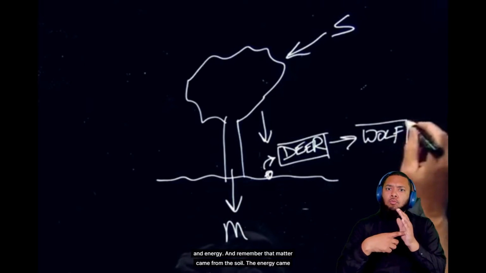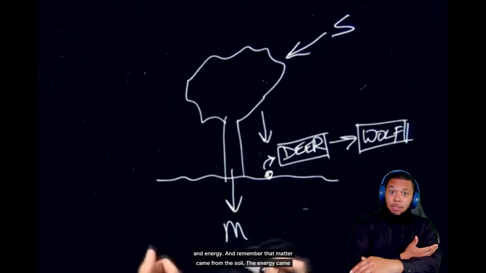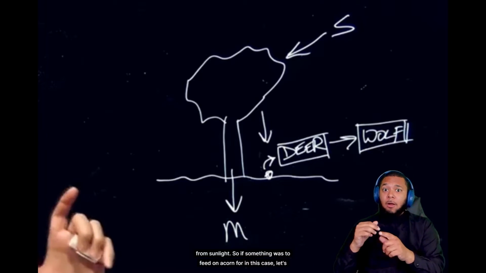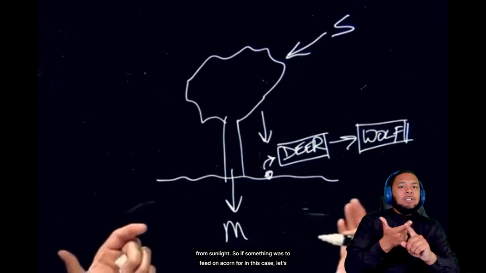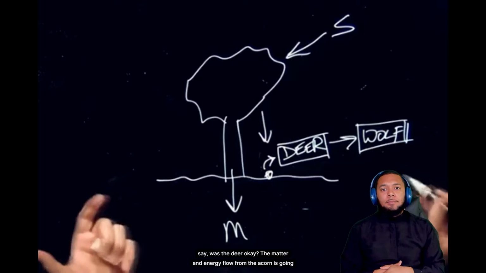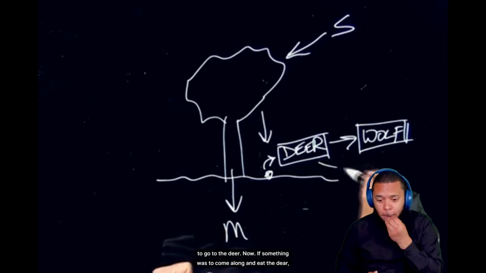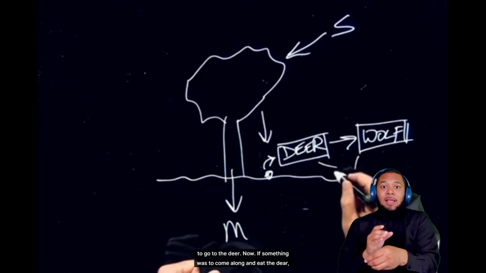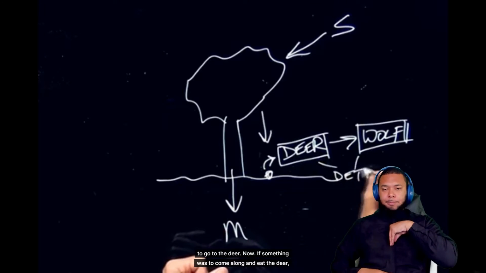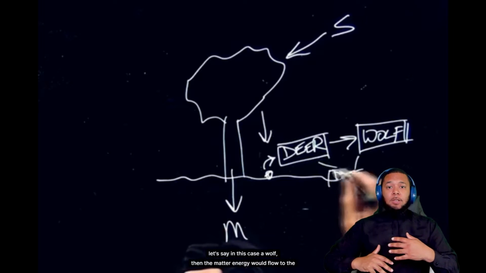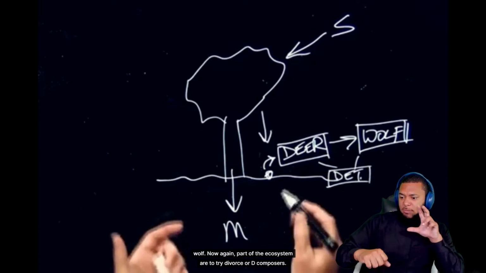Remember that the matter came from the soil and the energy came from sunlight. So if something was to feed on an acorn, in this case let's say a deer, the matter and energy flow from the acorn to the deer. Now, if something was to come along and eat the deer, let's say a wolf, then the matter and energy would flow to the wolf.